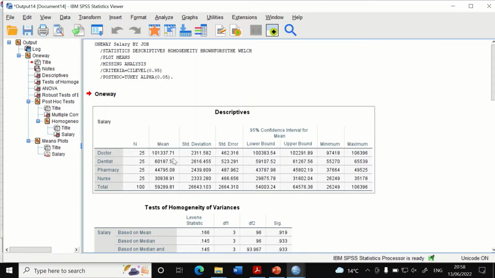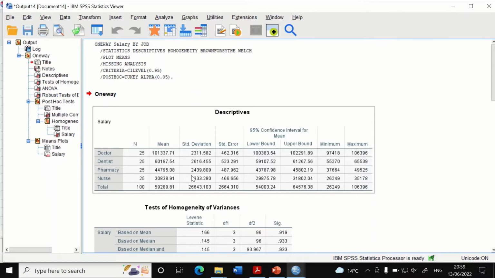individuals in each profession, and the mean for each occupation is inserted here. And as we can see, there is a difference between the salaries for those individuals. However, in the standard deviation, we can notice that the standard deviation for each group is very close.